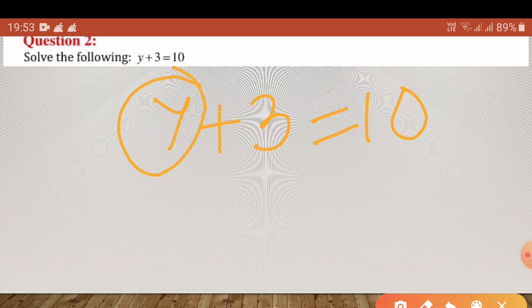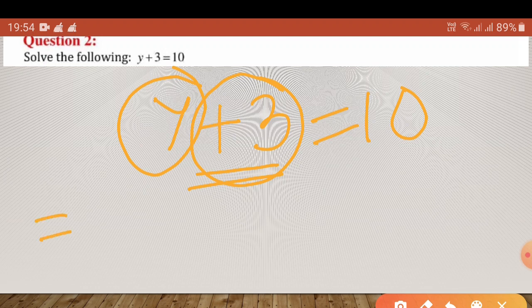Here on the left side it is plus 3, so we have to minimize this value plus 3. If we want to minimize this value, we have to add minus 3 on both sides of the equation.